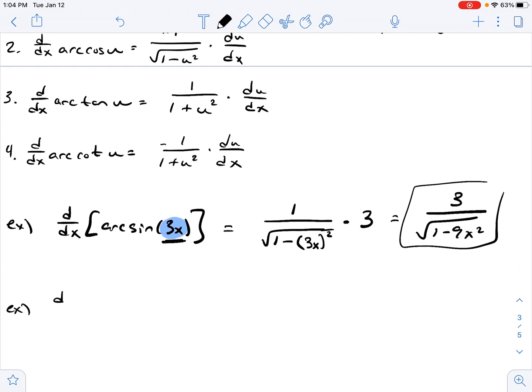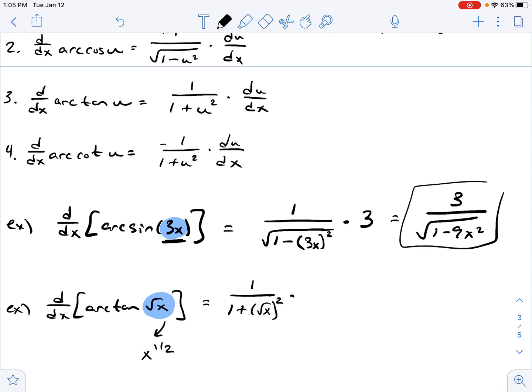Okay, next up, d/dx of, say, arc tangent of radical x. Okay, all right, so I want the derivative of inverse tan. This is what's inside there. Okay, so derivative of inverse tan, number 3 above. 1 over 1 plus the thing inside the inverse trig function squared times the derivative of radical x. Okay, so that's x to the 1/2. I'm going to get 1/2 x to the negative 1/2 back.